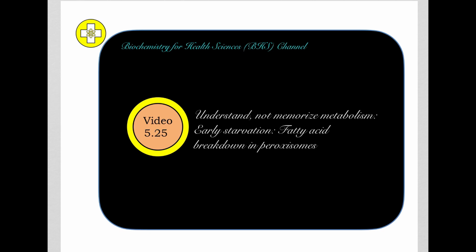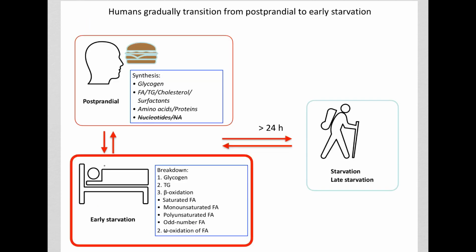In today's video, we shall discuss fatty acid breakdown in peroxisomes. In the previous videos, we discussed various catabolic pathways that predominate during starvation states, including glycogen breakdown, triglyceride breakdown, and the beta-oxidation of various kinds of fatty acids, including saturated, monounsaturated and polyunsaturated fatty acids, as well as fatty acids with odd numbers of carbon atoms.